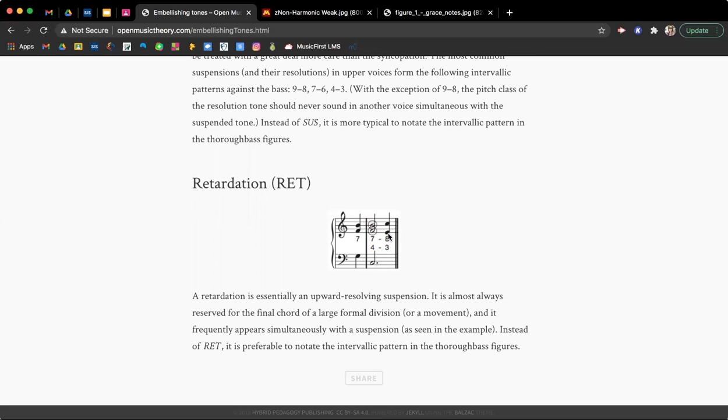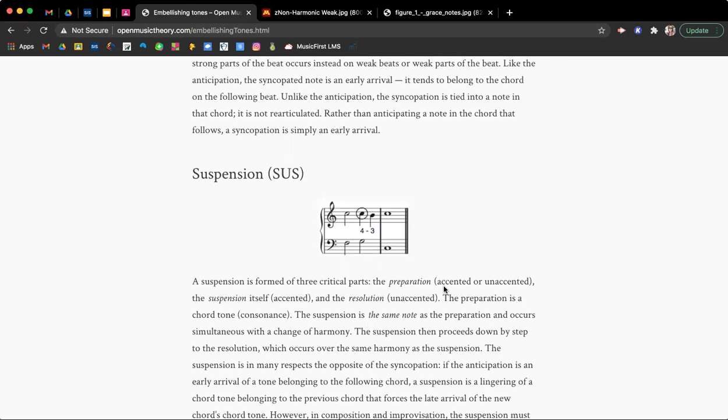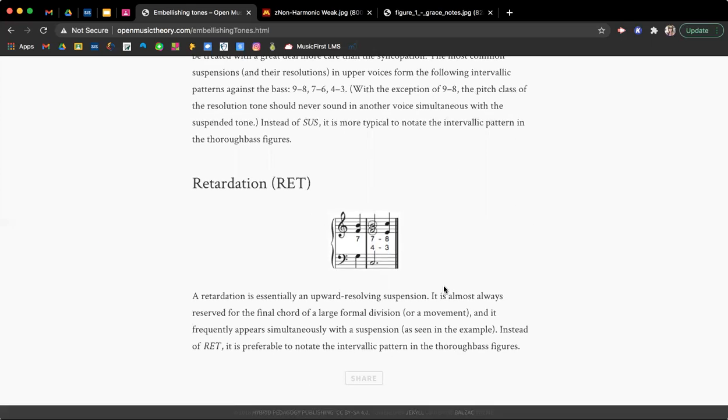We also have a 4-3 suspension written here too, so this is a little tricky to look at. But a retardation is the interval going from dissonant small to larger consonant interval. So instead of resolving down like we're used to seeing suspensions, it resolves upwards. So it's just like a suspension, but the direction of the resolution is opposite.